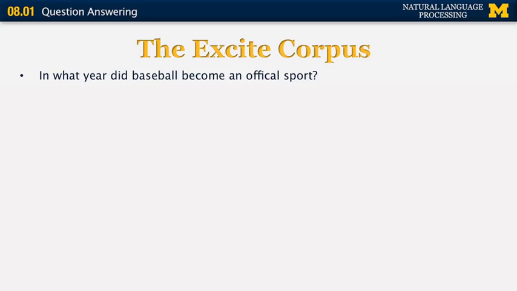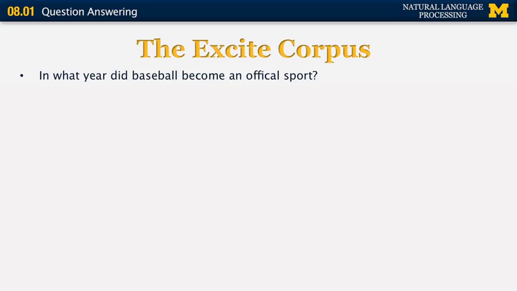For example, who is the user, what sort of background they have, whereas factual questions typically have a single answer that may vary over time, but in general, it's a single answer or perhaps one of a small set of possible answers that are much easier to find. So here's some questions from the Excite corpus. In what year did baseball become an official sport? Again, this is a fairly straightforward question. The assumption here obviously is that this is about the United States.